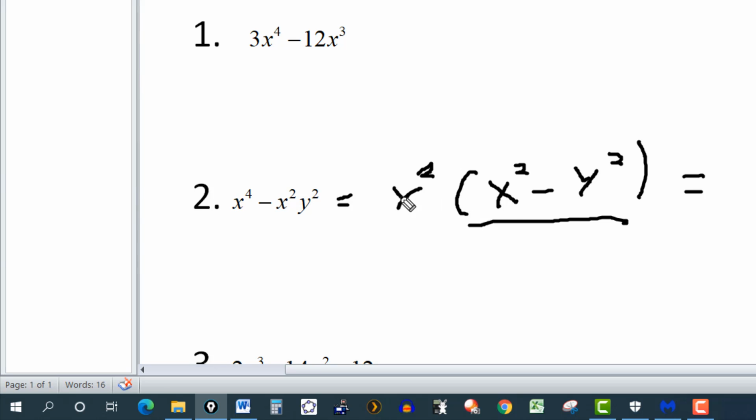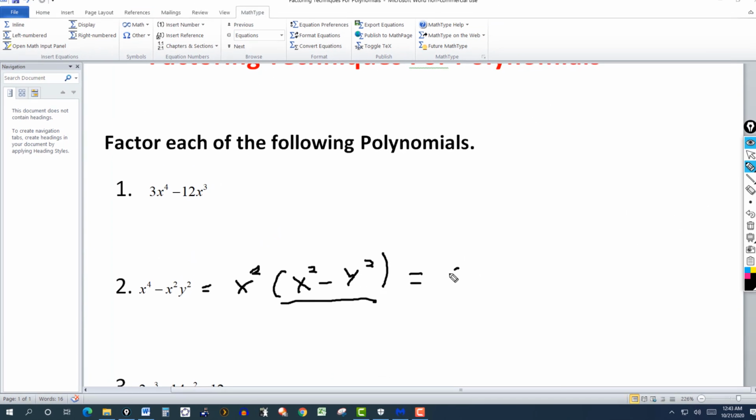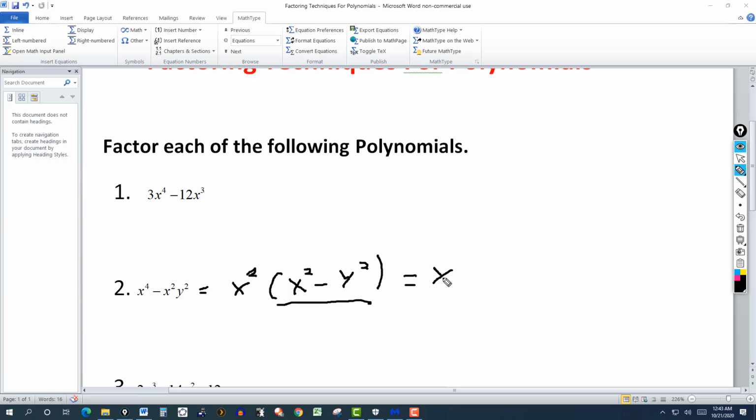So that means to complete the factorization, I could bring down the x squared, and then x squared minus y to the second. Again, I can factor that as a difference of the square roots and the sum of the square roots. So the square root of x squared is x. Square root of y squared is y.